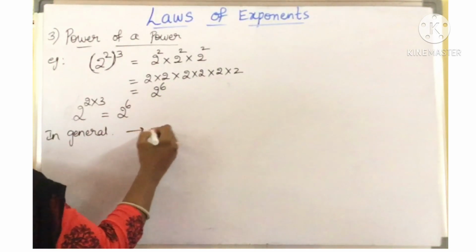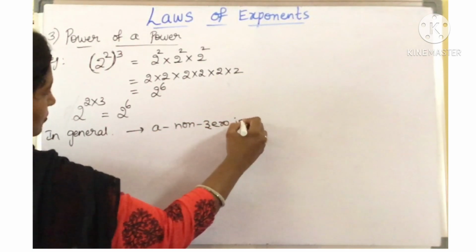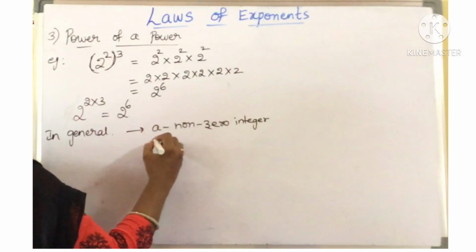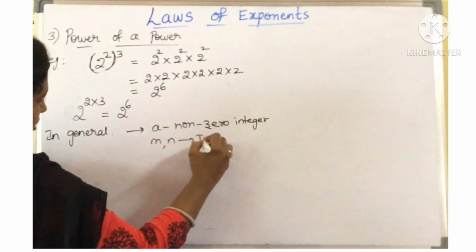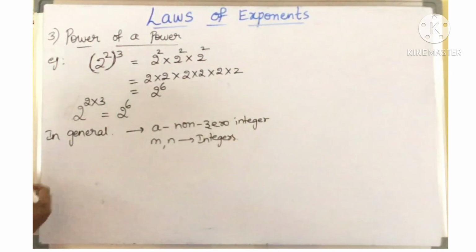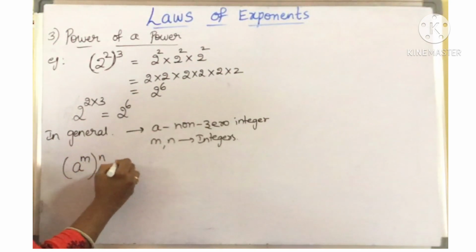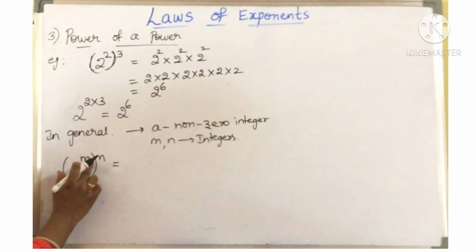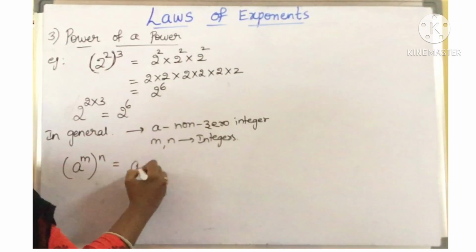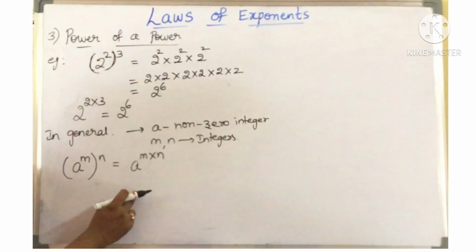If a is a non-zero integer and here two powers are there, m and n are integers, then what is the general condition? A to the power of m whole to the power of n. See how to read this. A to the power of m whole to the power of n is nothing but a to the power of m into n.